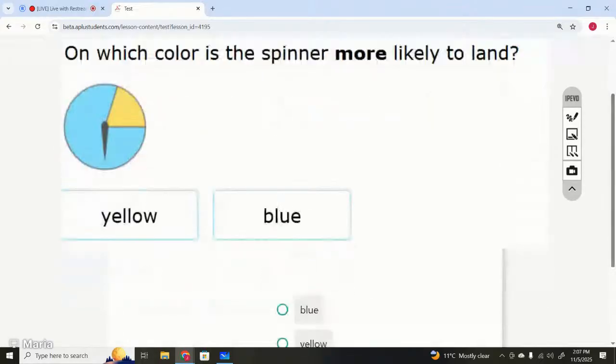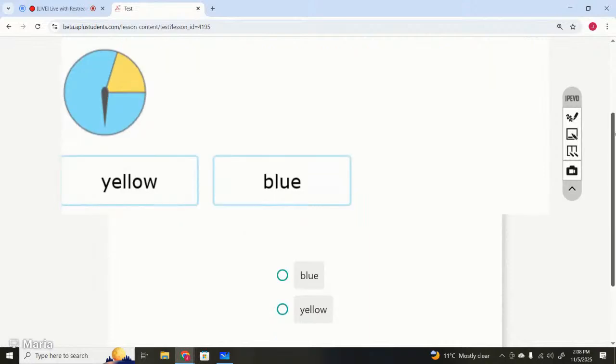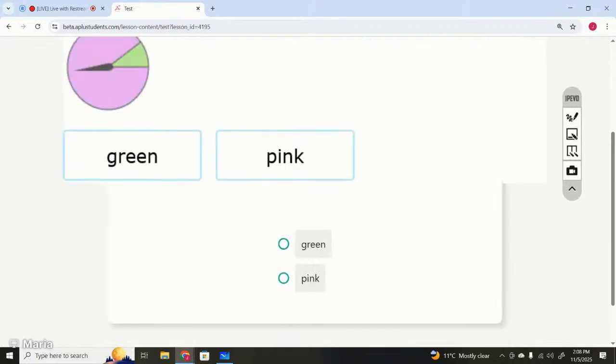On which color is the spinner more likely to land? It will more likely land on blue because the portion on the spinner is blue.